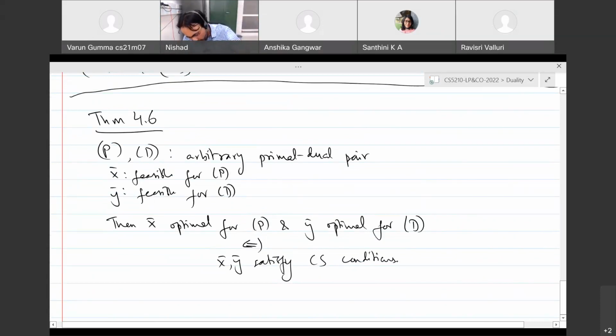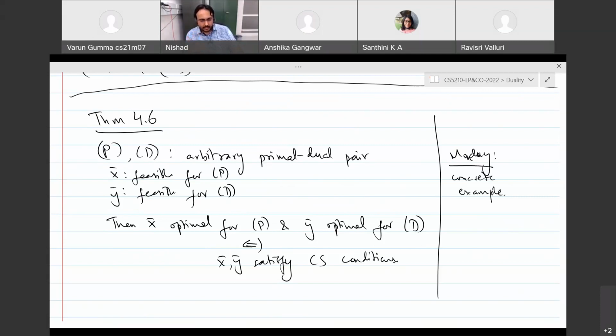So on Monday, we will do a concrete example of an arbitrary LP and its CS conditions. We'll just write down the CS conditions. And then I want to go back to geometry and think about optimality from the geometric point of view.